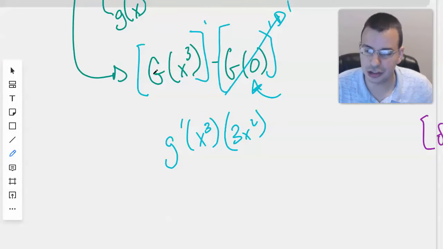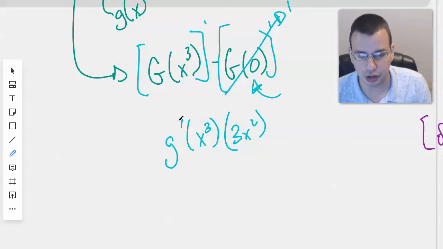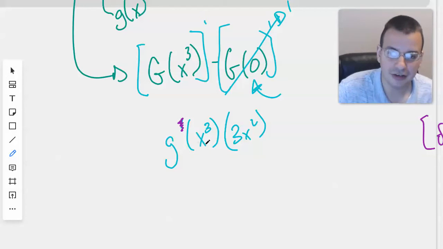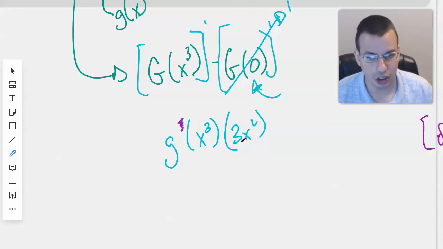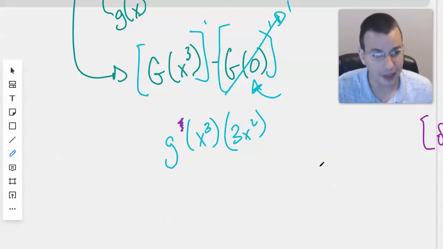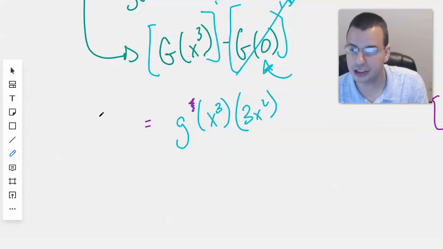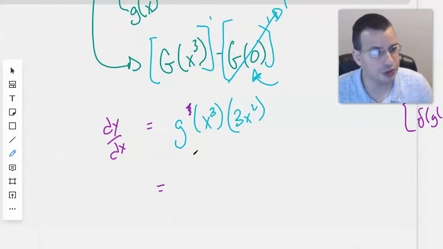So to take the derivative of big G, we get small g. I can get rid of that derivative sign. We have g of x cubed, and then multiply by the derivative of the interior, which is 3x squared. And that's what we did right here. So then this will be dy/dx. We can go a little further because we know what g of x is.